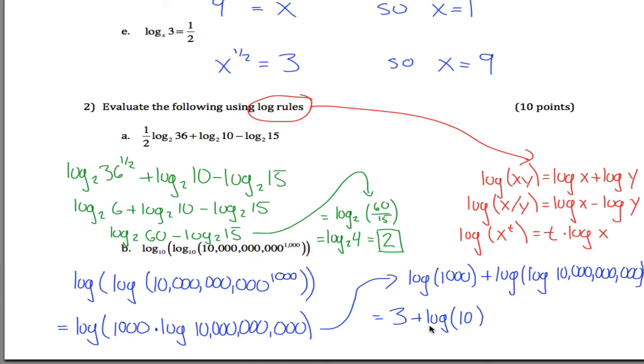So careful, this log goes here, and the log of 10 billion is equal to 10. But the log of 10 is just 1. So I get 3 plus 1 is 4 is my answer. So this mess equals 4. This mess equals 2. That is the end of the quiz.